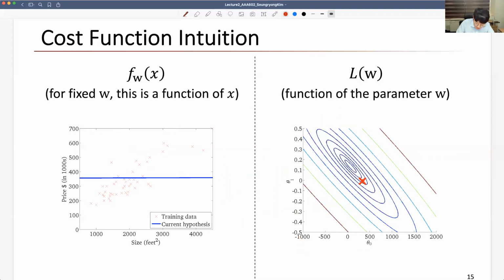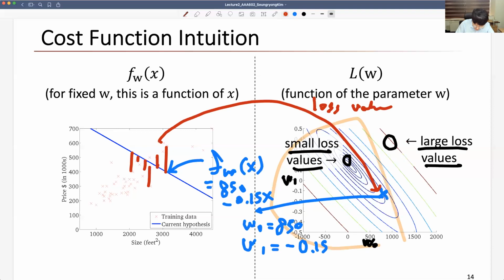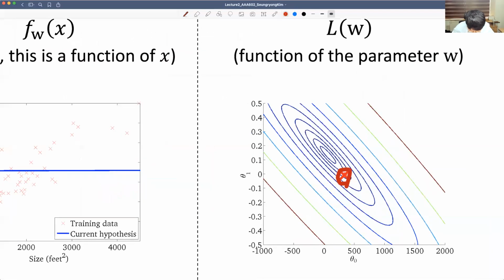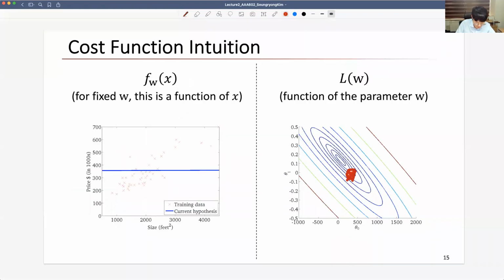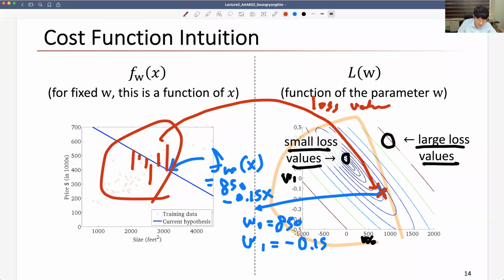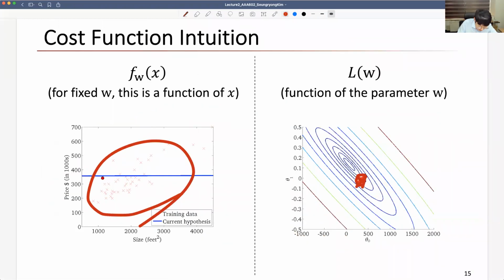Then similarly, by changing the parameters w0 and w1, we can do similar things. Let's say this point moved to here, right? When we see this contour plot, the loss value at this point might be lower than the previous point. As you can see here, this case has smaller errors than the previous one, right?